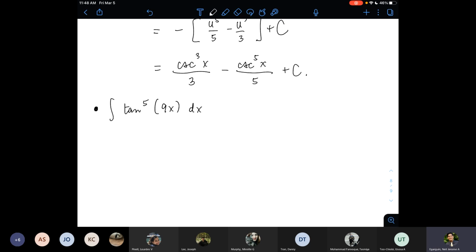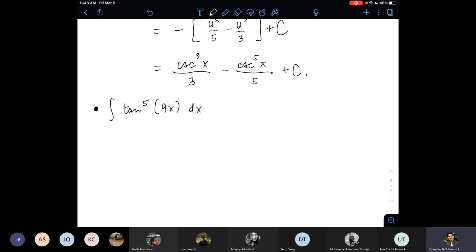This will not fall under either of the first two bullets, because here you have an odd power for the tangent, but there are no secants involved. So this falls under the third bullet, wherein we don't have any hard guidelines. For this, I will try to use integration by parts.